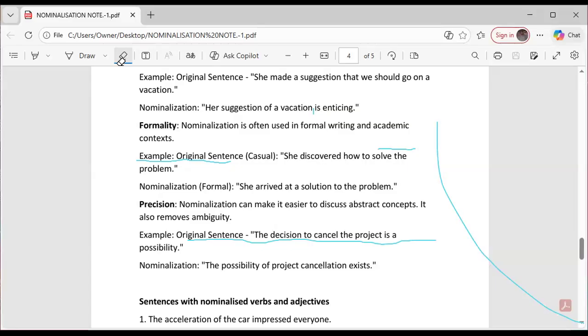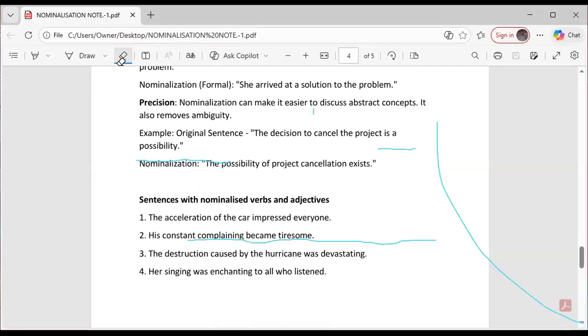Is that taken? Good. Now let's see sentences with nominalized verbs and adjectives. The acceleration of the car impressed everyone. What's the word nominalized here? Acceleration, correct. Good. His constant complaining became tiresome. His constant complaining became what? Tiresome.